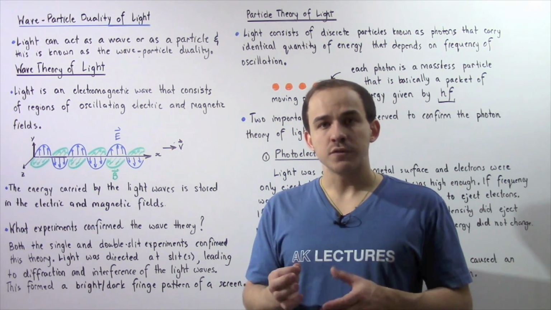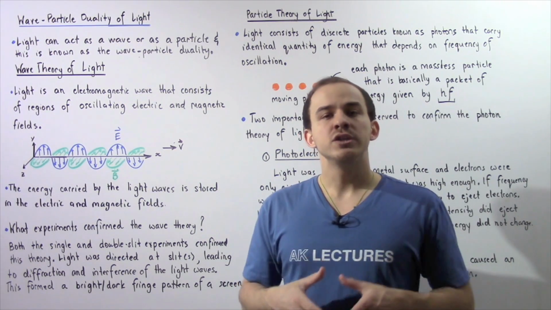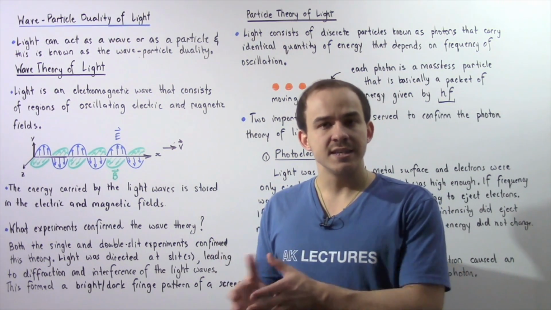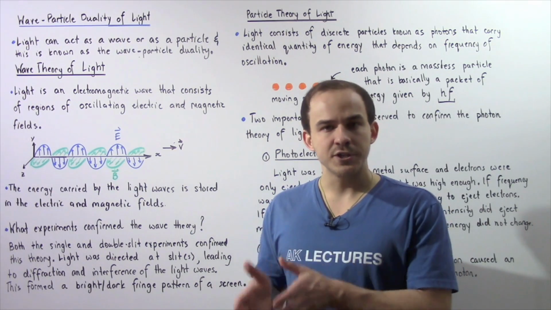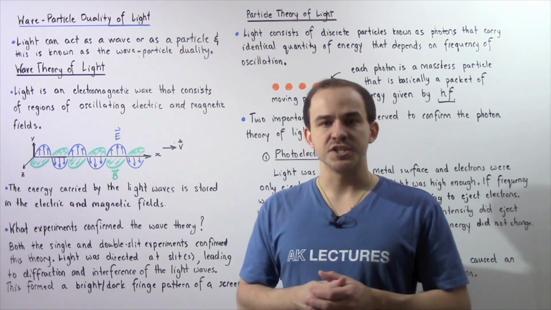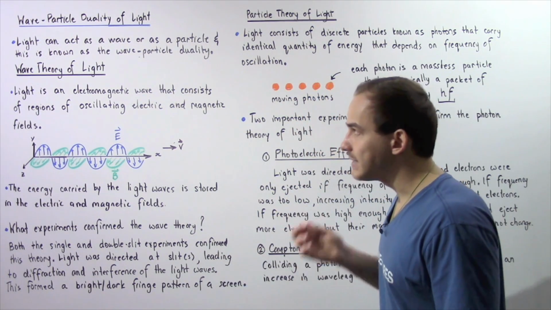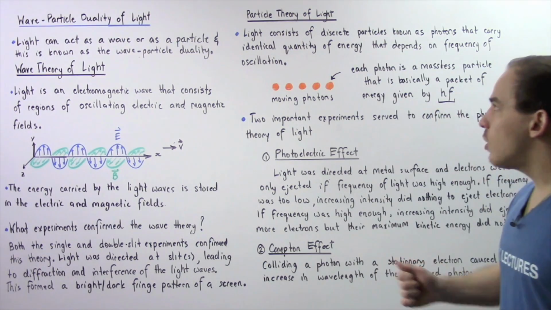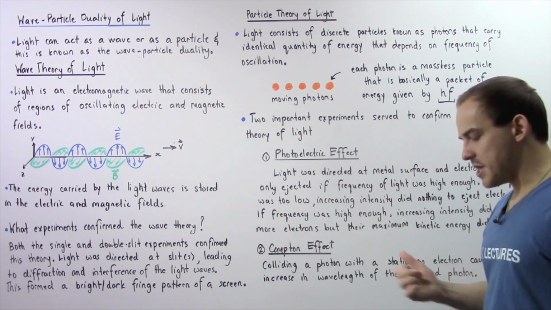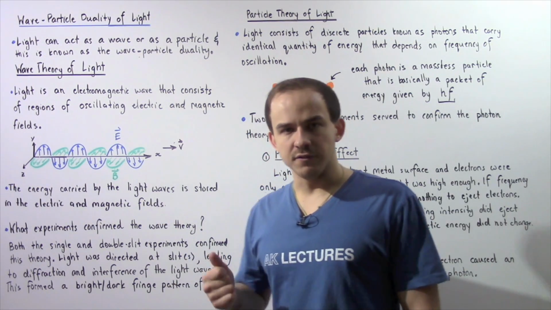And light was observed to diffract and interfere. And that led to the diffraction pattern that consisted of dark and bright fringes. Now, the only way that this diffraction pattern was explained is by assuming that light does in fact act as a wave.